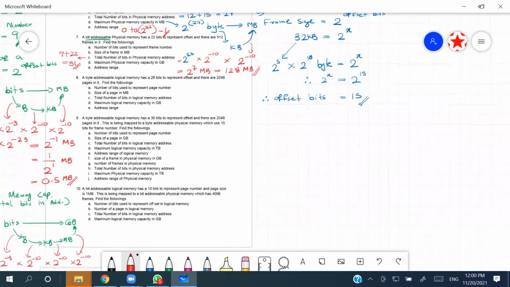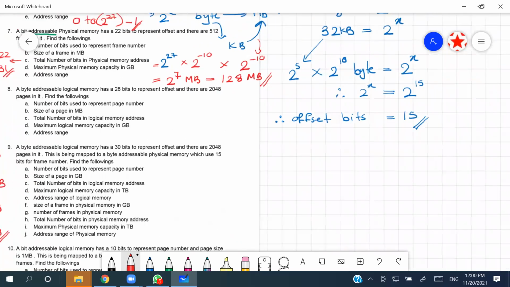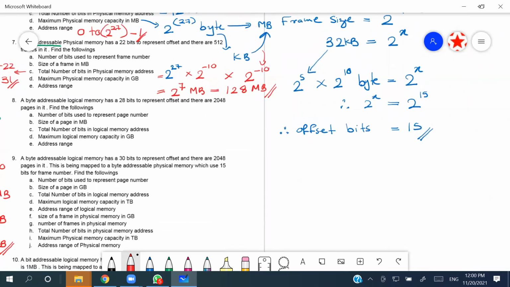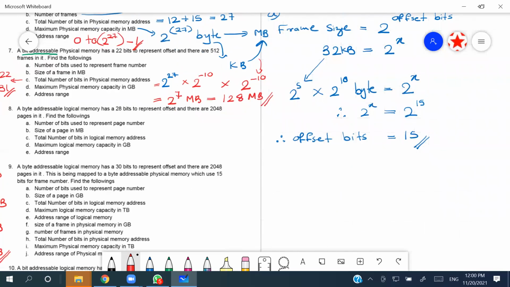So the 8th, it's another simple thing, but here it says a byte addressable logical memory has 28 bits to represent offset, and there are 2048 pages, right? Now we know this is very easy for us now, right? So here we are doing the 8th one.